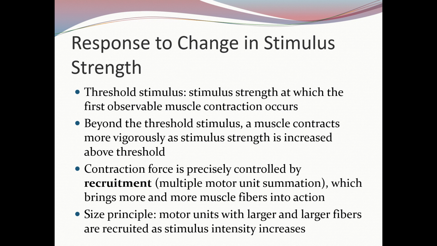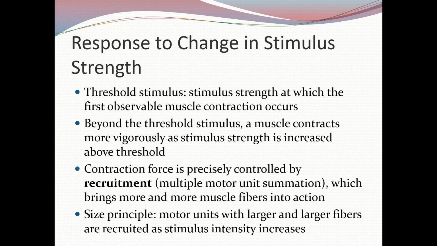Beyond the threshold stimulus, a muscle will contract more vigorously as the stimulus strength is increased above the threshold. So again, that's going to be dependent on the load being placed on the muscle and the motor neurons that are firing. So contraction force is precisely controlled by recruitment.